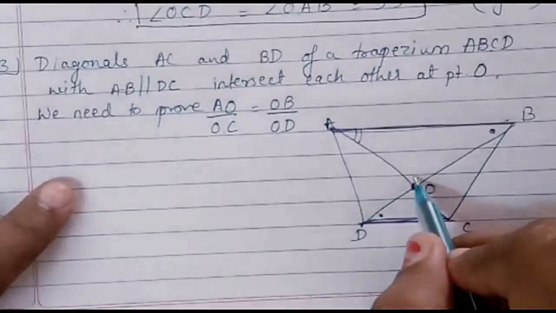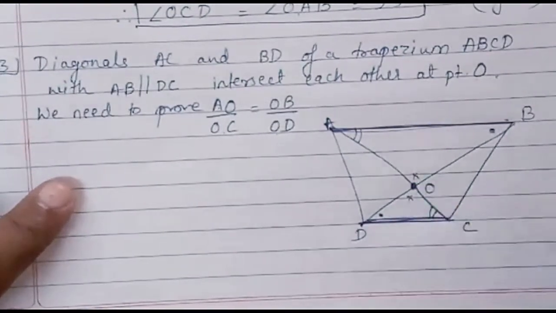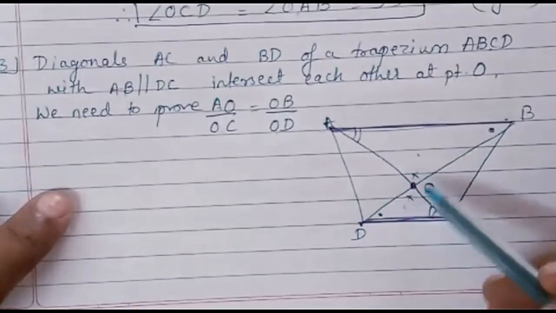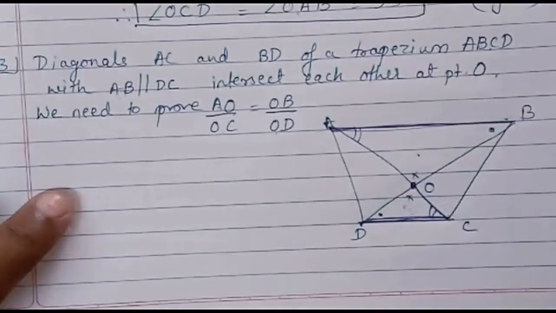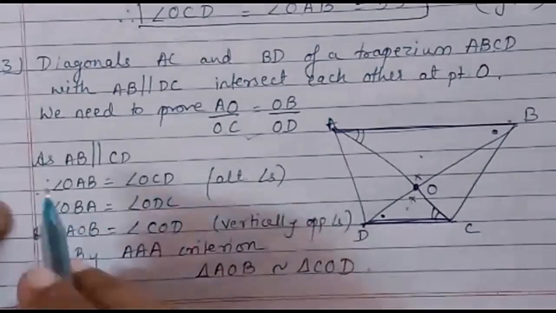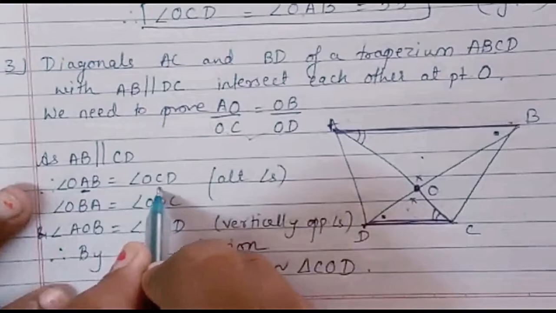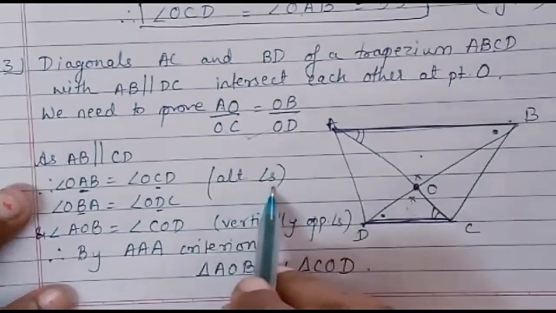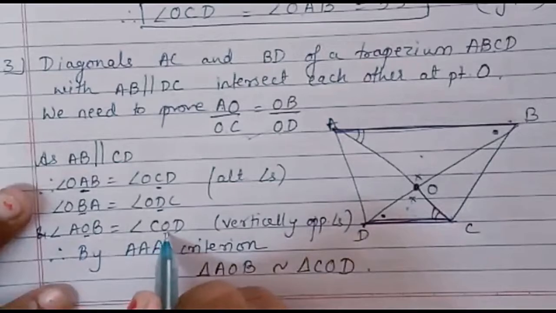And the third pair, angle O, these two are vertically opposite angles. So by using the AA criterion, these two triangles will be similar, and then we can prove the result by taking corresponding sides. Let me write up to that. I have mentioned angle A is equal to C, B is equal to D as they are forming alternate angles, and O is with O.